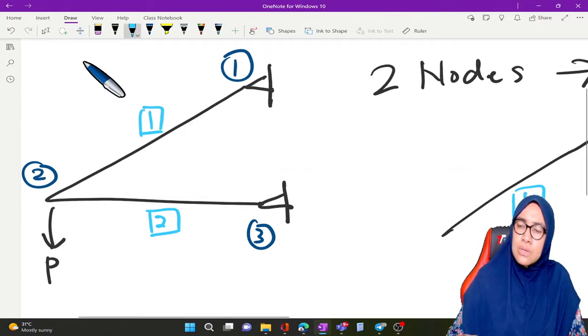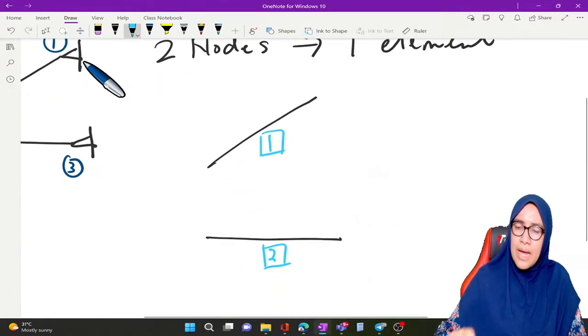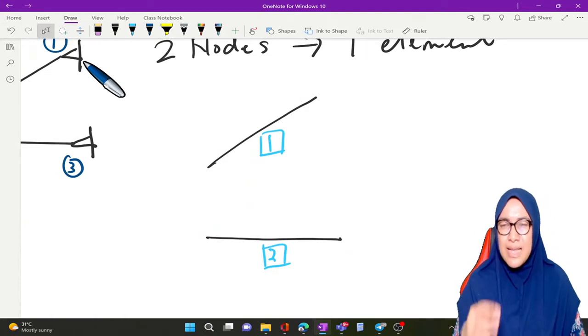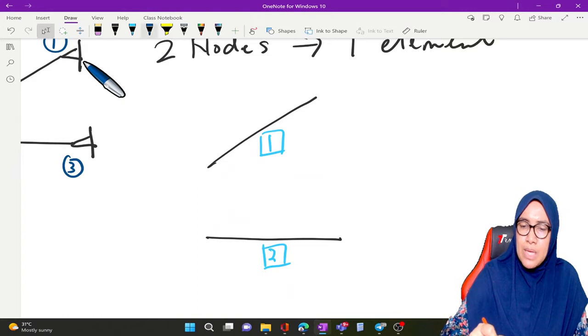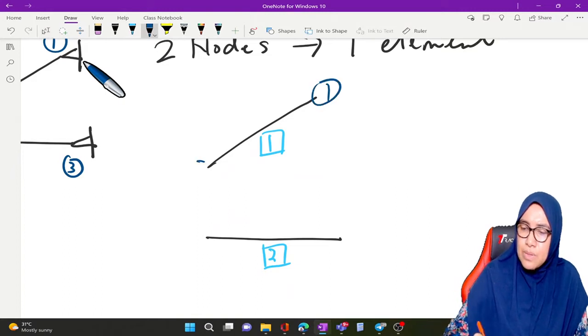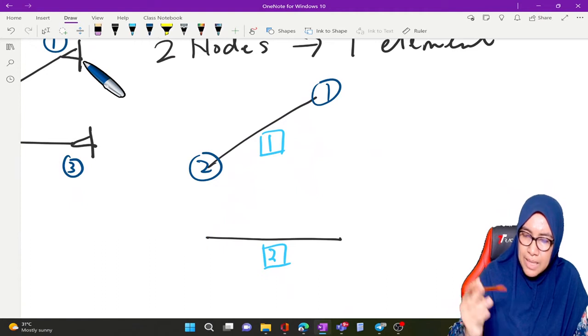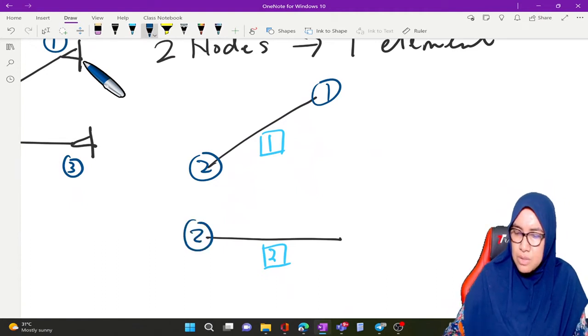This one I have drawn separately, element 1 and element 2. This is node 1, this is node 2. Again, this is node 2, and this is node 3.